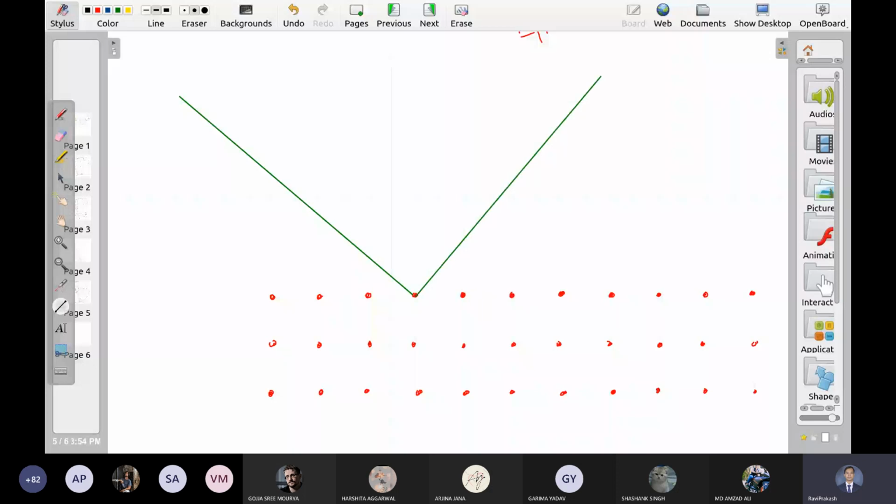So X-rays are coming from here, and they are making an angle theta with the surface of the lattice. This is not the angle of incidence. Angle of incidence is the angle made from the perpendicular of the plane. This is the angle of incidence.